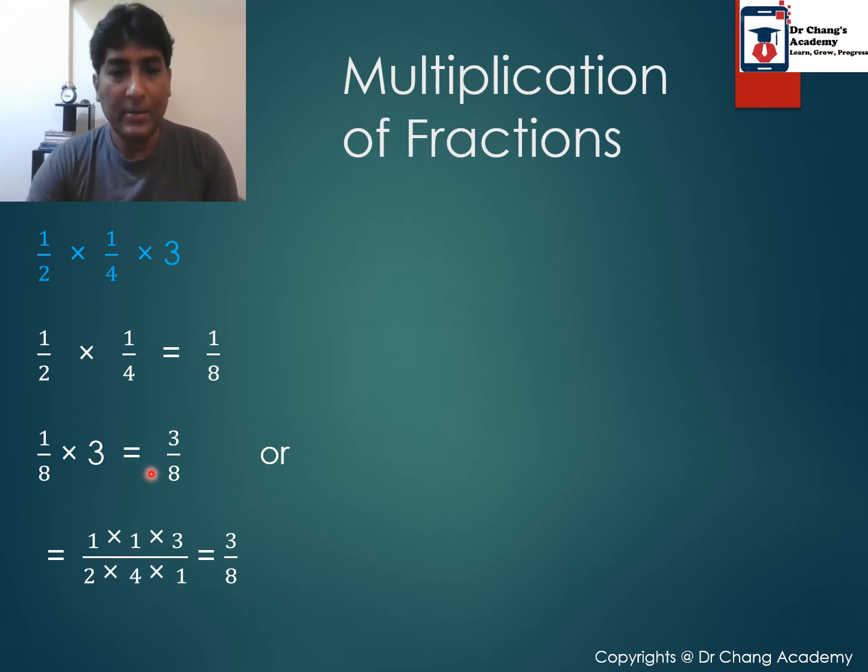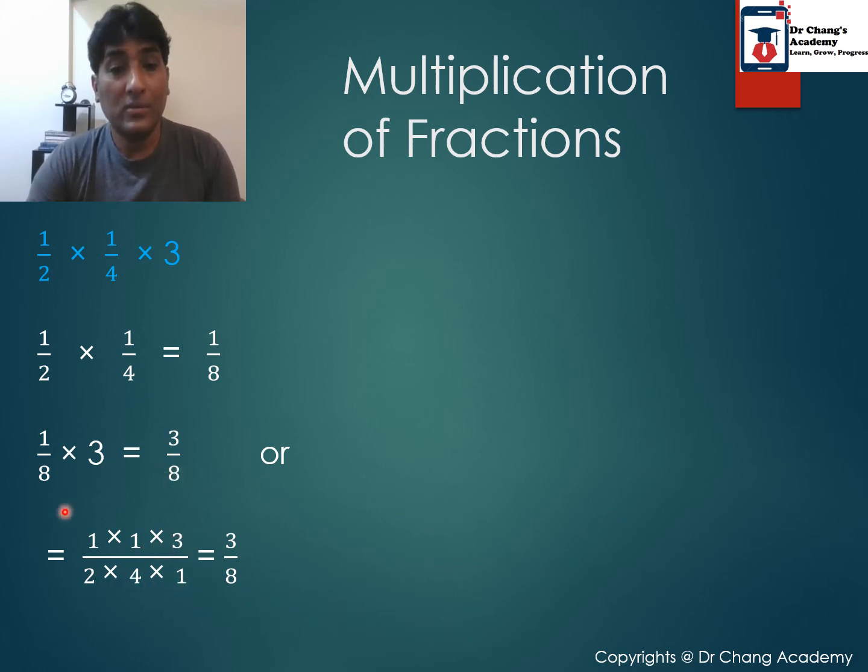So 3/8. That's what we saw here. So this is how it works. If you have any number of fractions or whole numbers, we can write the whole numbers in fractional form. We just put a fraction line and write 1 below it. So we can just multiply numerators with numerators and denominators with denominators.